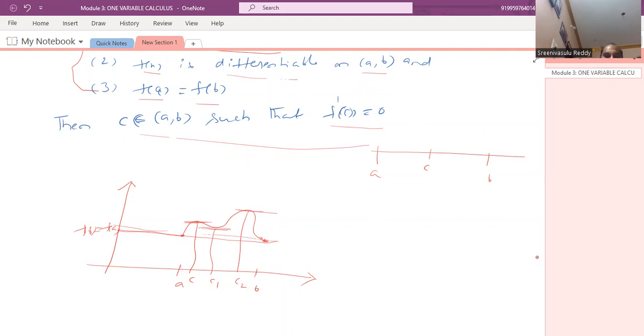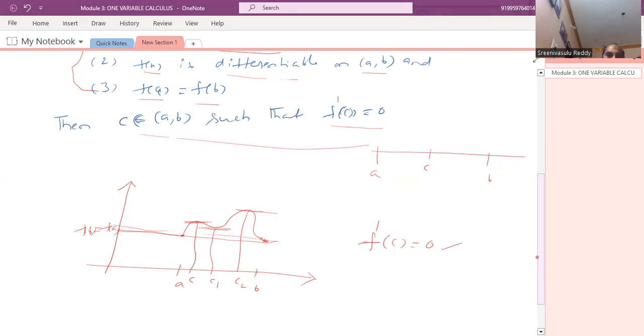That means at C, the tangent means its derivative value, f dash at C equal to 0. Derivative value is 0 because the tangent is parallel to the x-axis, so the variation of the y coordinates is 0. Simply remember, when the tangent is parallel to the x-axis at any particular point, the function derivative value should be 0 at that point.